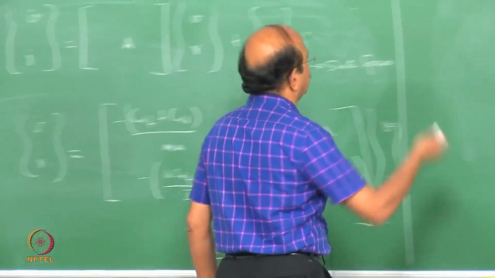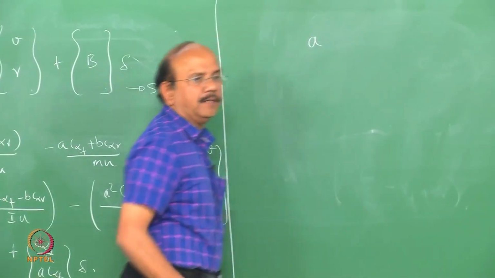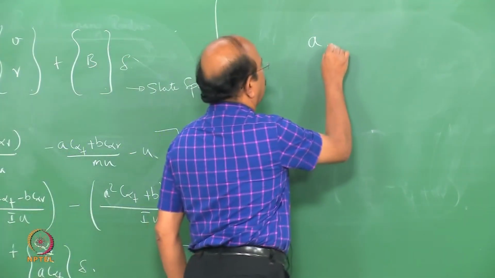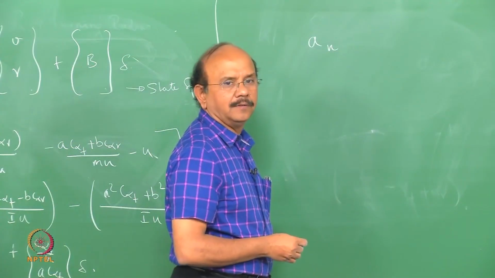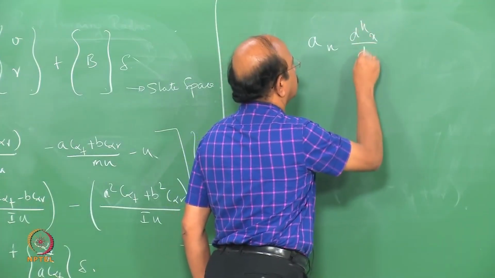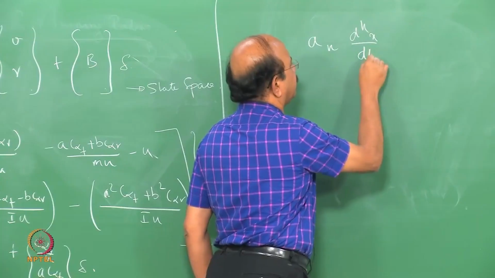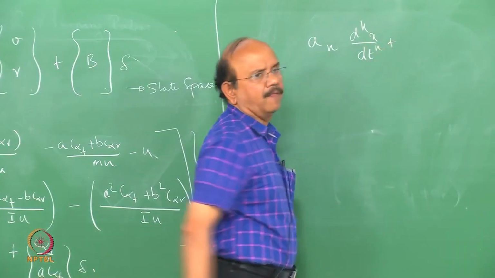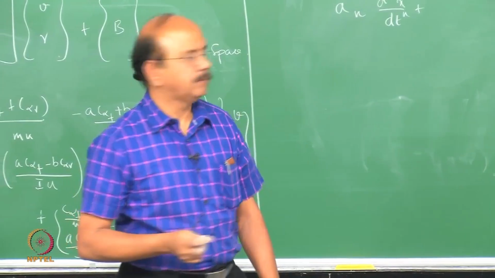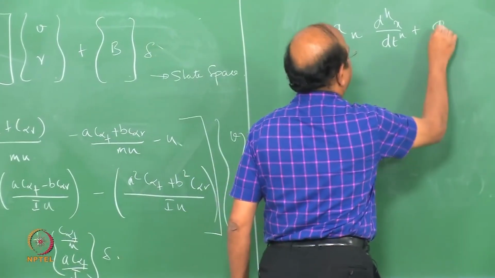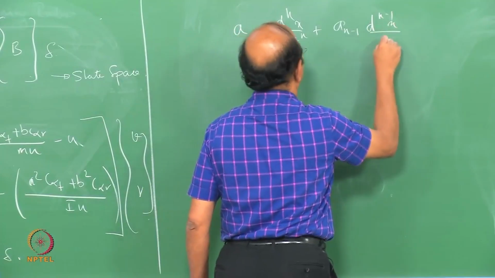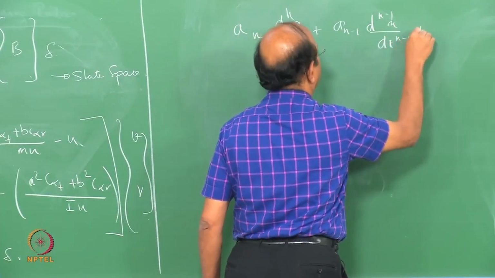Now, generally a system is expressed in terms of a differential equation, which we will write as a0 d^n x/dt^n plus a1 d^(n-1) x/dt^(n-1), and so on.